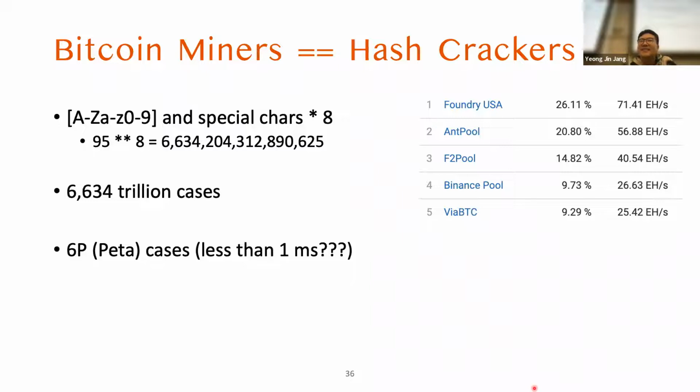Any questions about this kind of implication? Yes? You said that if they reach the data, they can find the secret number for SHA-256. What if they have a lot of secret numbers, if there's a rule to choose a specific secret number for specific users?